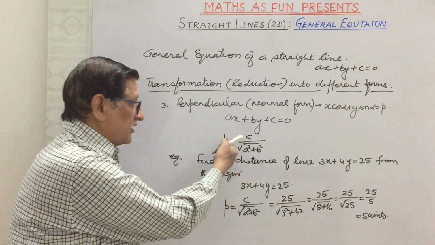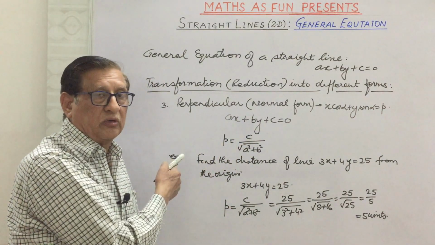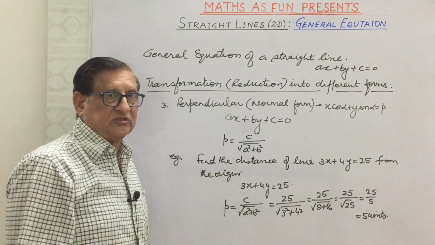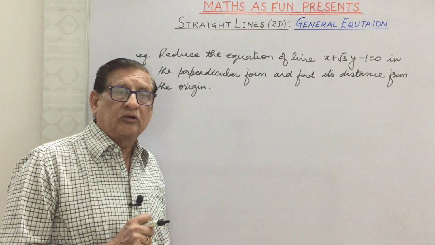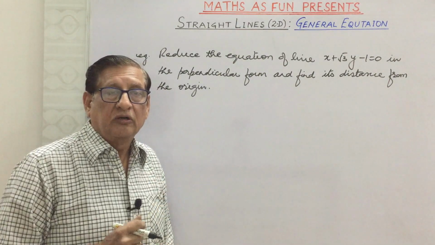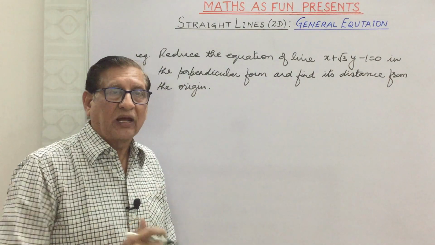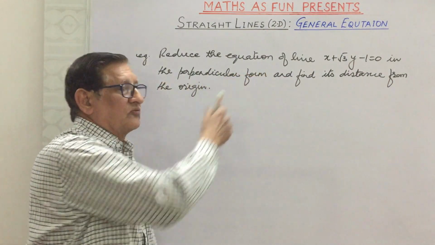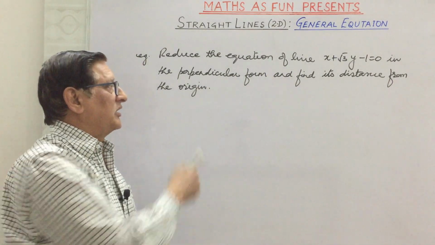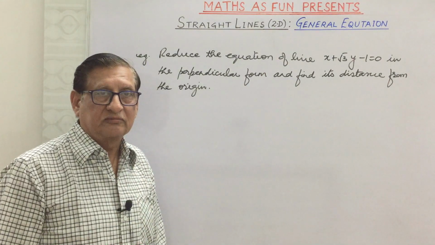So like this we can make use of this as a formula and find out the length of perpendicular or perpendicular distance of a line from the origin. We will discuss now one more problem on the reduction of the general form of the equation into the perpendicular or normal form, and that is reduce the equation of the line x plus root 3y minus 1 equal to 0 in the perpendicular form and find its distance from the origin.